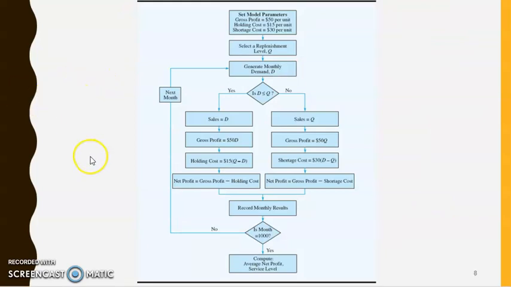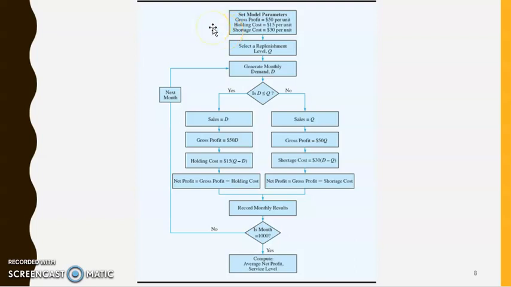Here you see the flowchart for doing the simulation model. It starts with setting the model parameters, the ones that are not controllable, as we talked about. So here we have the uncontrollable parameters. It says set the gross profit as $50 per unit, holding cost $15 per unit, and shortage cost $30 per unit.